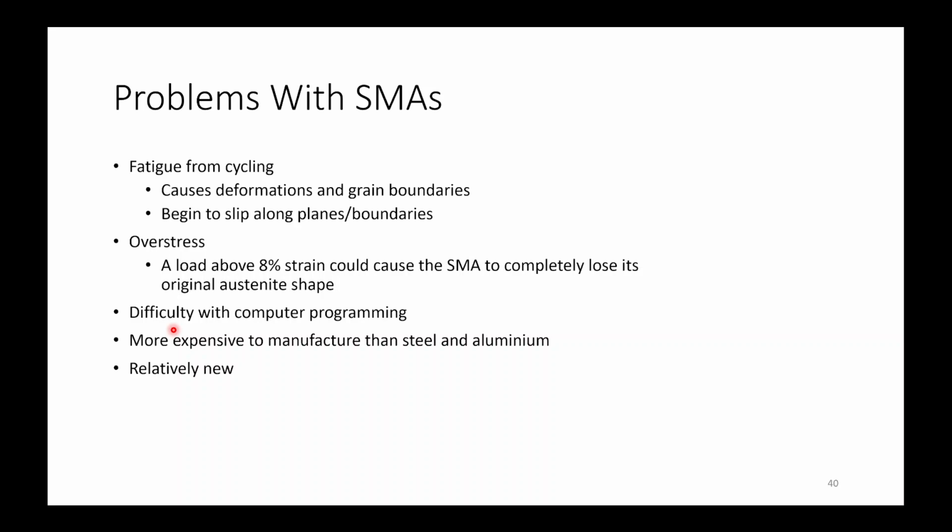And there is difficulty with computer programming, and they are more expensive to manufacture than steel and aluminium, which are not smart shape memory alloys, and they are relatively new.